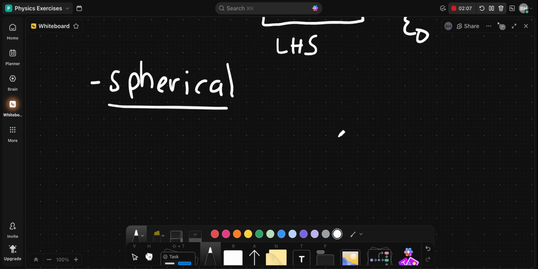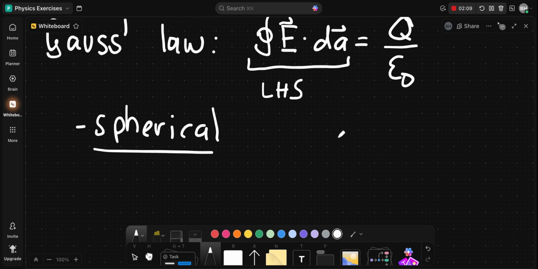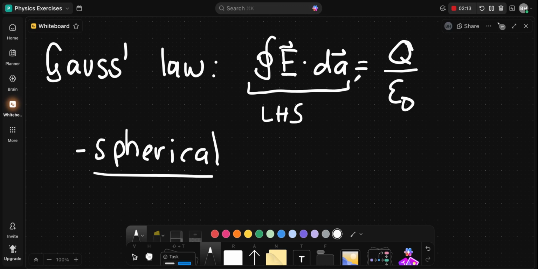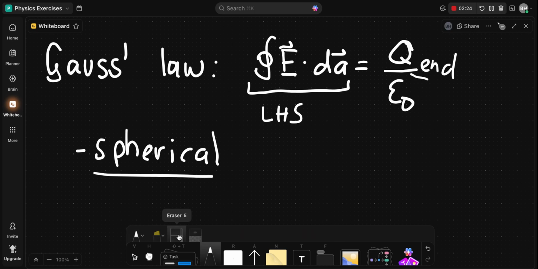Let me actually just mention, though, for the right-hand side, and I should be a little bit careful here, apologies. What we mean here is Q enclosed. So let me erase that and rewrite it.